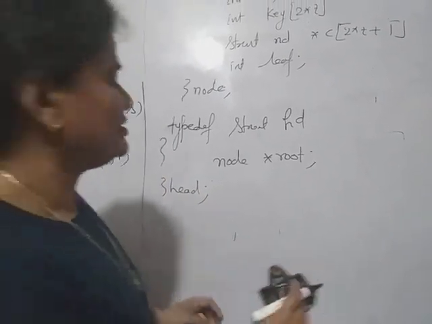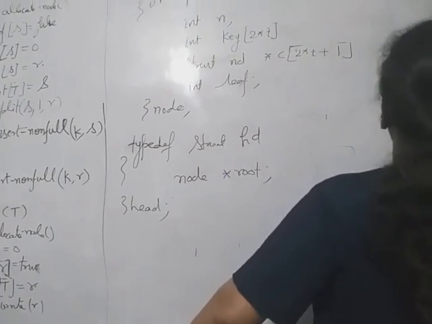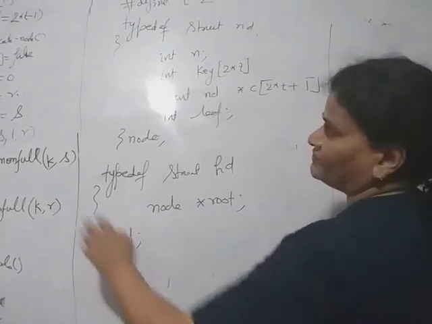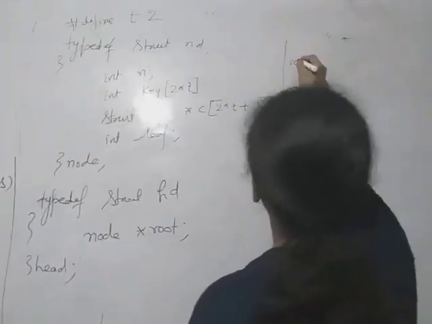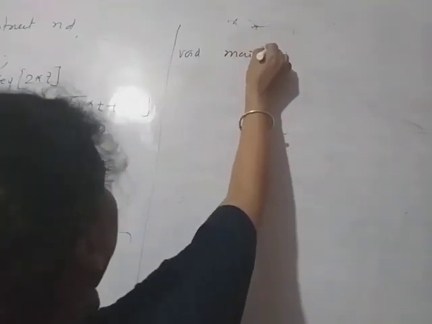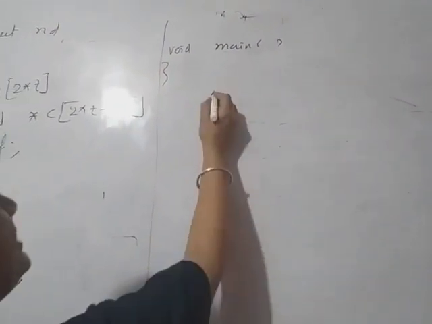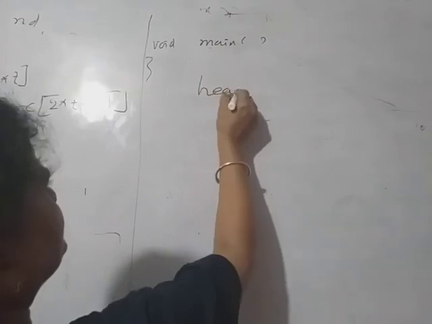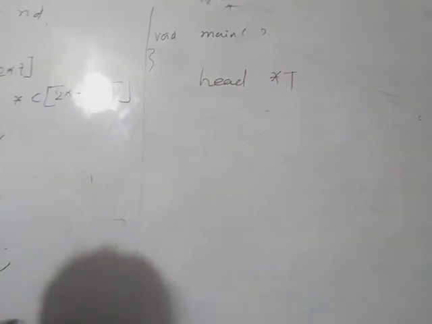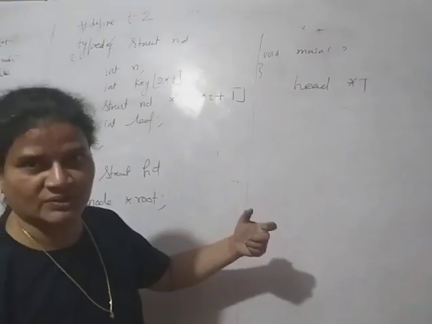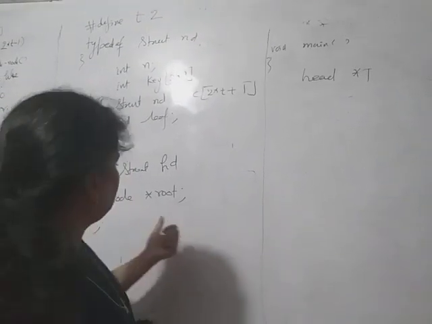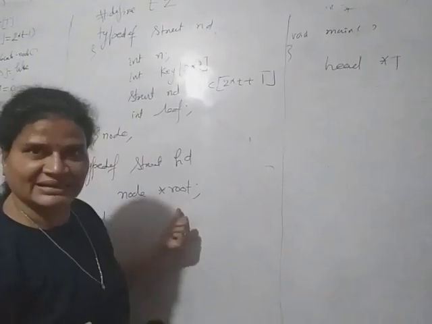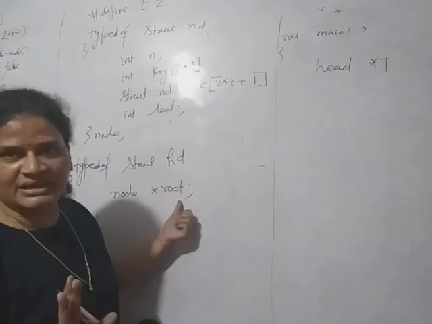Okay, so now when you write the main function for this insert, first you declare the pointer, that is head. Here T is a pointer to the header node. And how many bytes will be allocated? Because there is only one field in header node, only 2 bytes will be allocated.